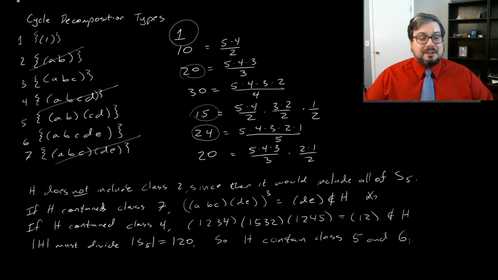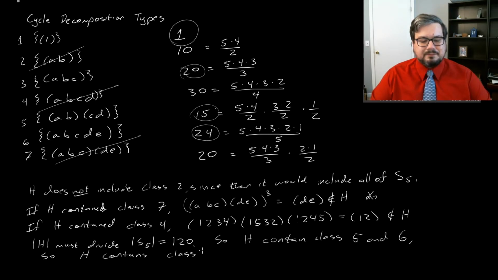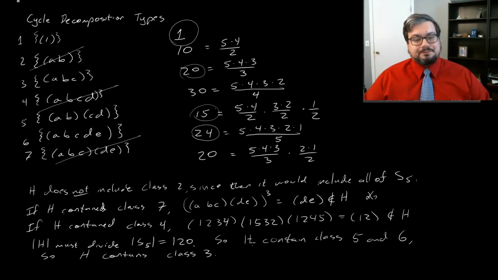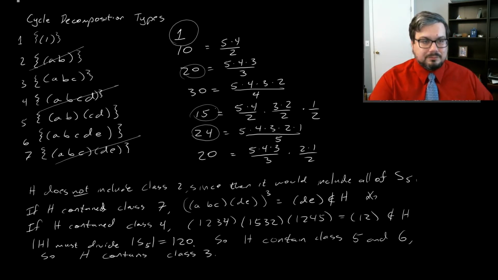But then it turns out that if you include class 5 and you include class 6, then there's a product of 2 transpositions with a 5 cycle that gives you a 3 cycle. So that means that H contains class 3. So we have that there is in fact only one non-trivial proper normal subgroup of S5.